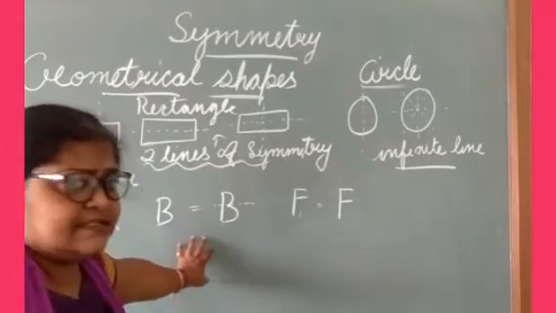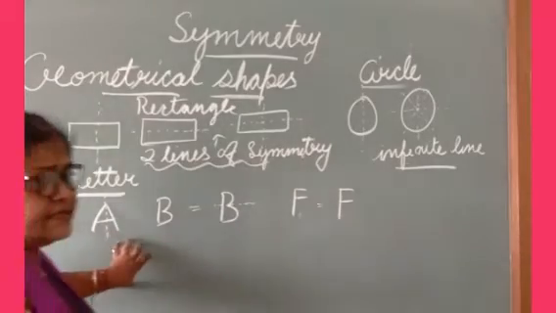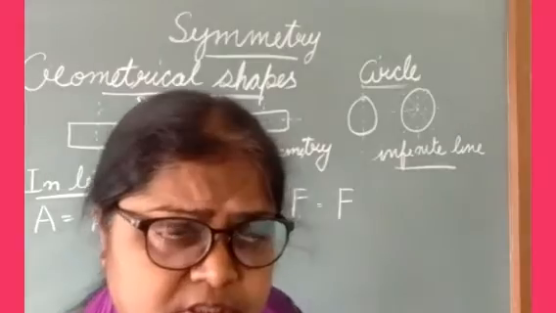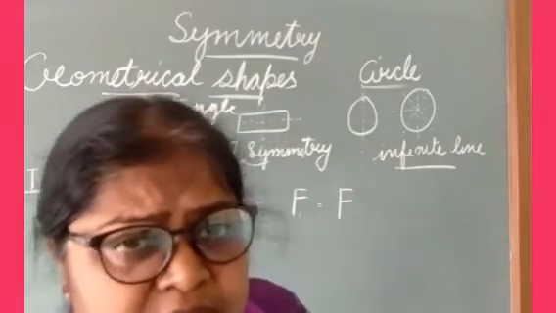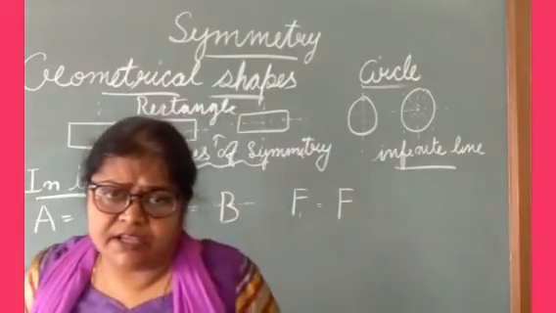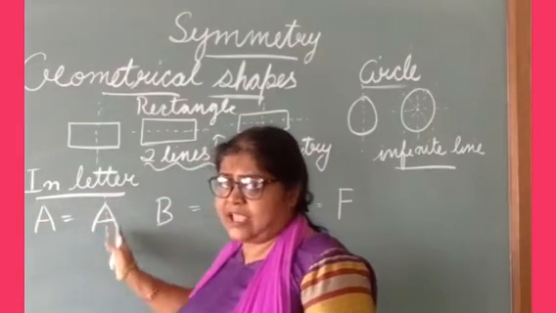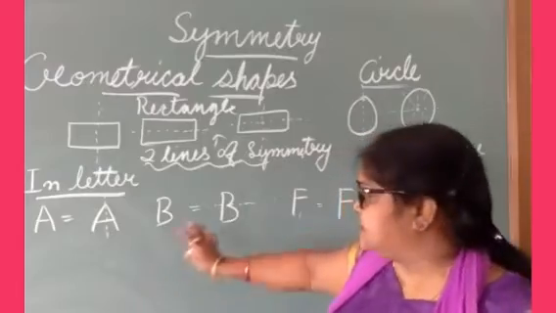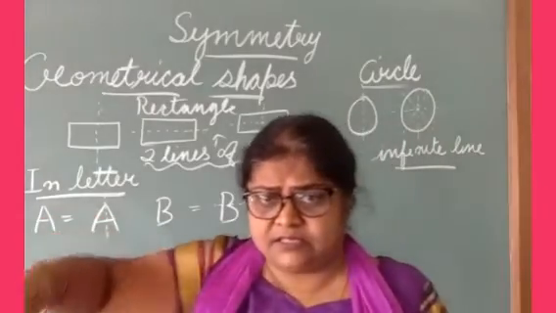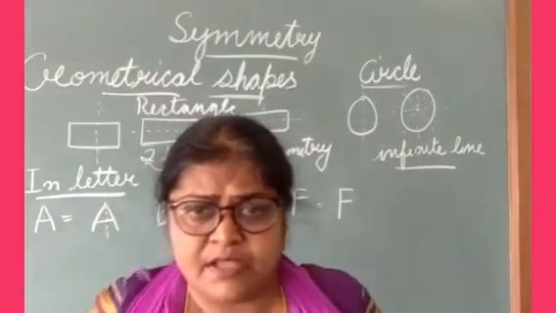And what are these? These are all the English alphabet letters. All letters do not have a symmetry line. For example, let us take the letter A. If you divide it this way, it has one line of symmetry. This is the letter B. We can divide it this way, both sides the same.